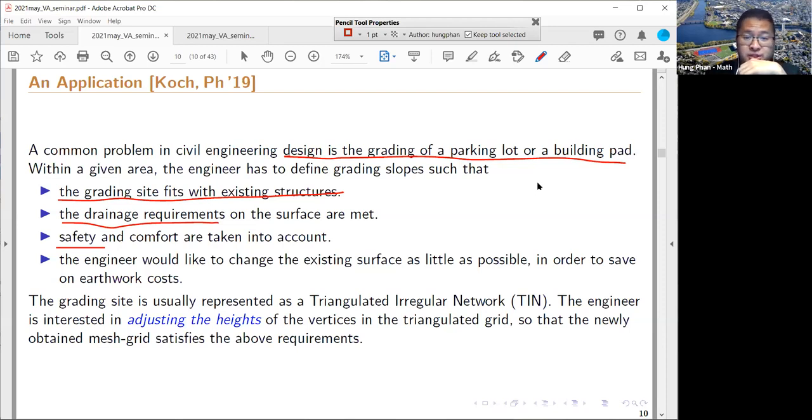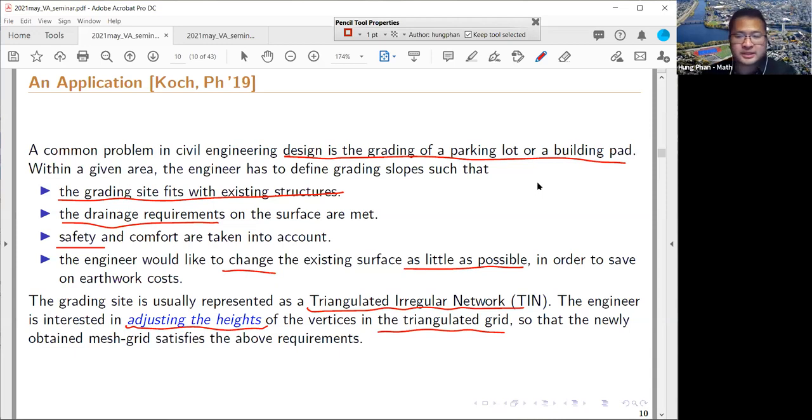So they want to change as little as possible. In order to do so, we construct a model based on the triangular irregular network, and we will be adjusting the height of the vertices in this triangulated grid.